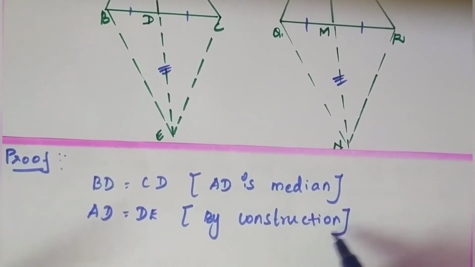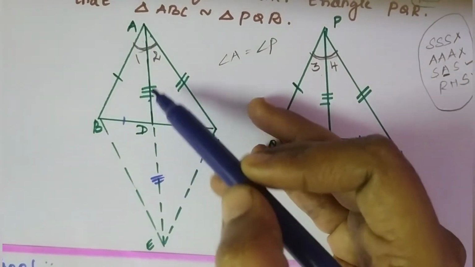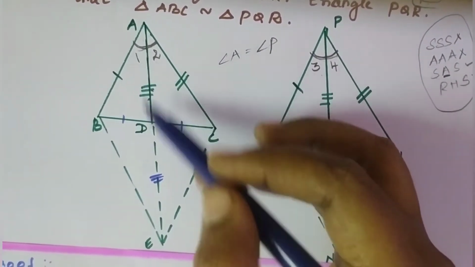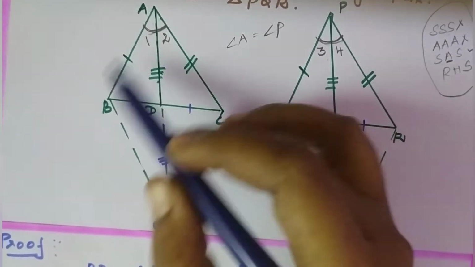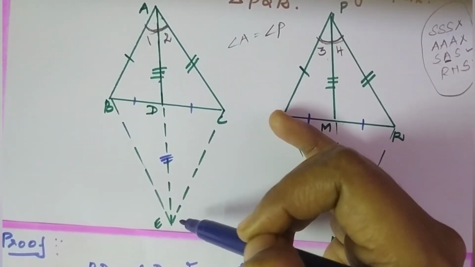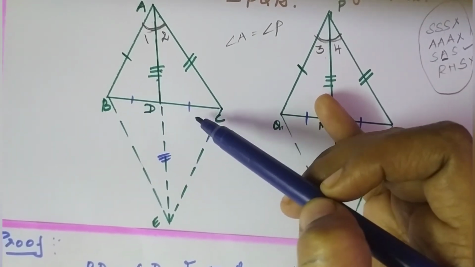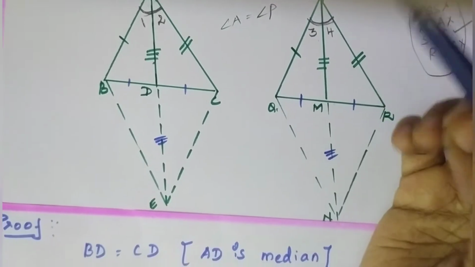construction. Since the diagonals bisect each other, then we can tell that the figure is a parallelogram. Are you clear? If the diagonals bisect each other, then we can tell that the figure is a parallelogram.